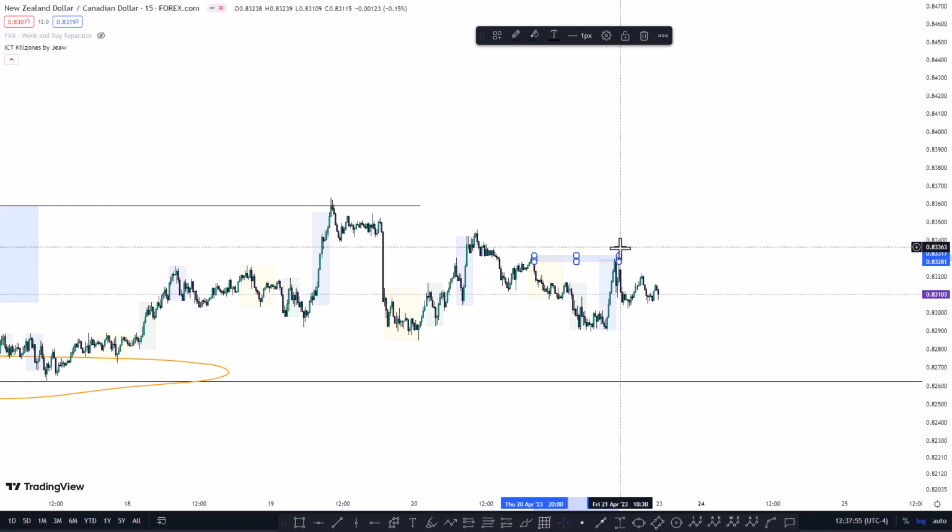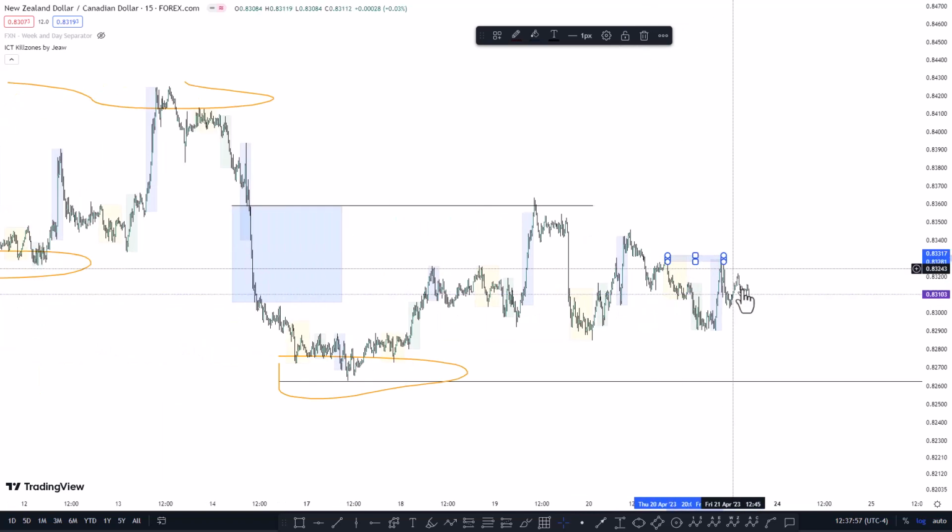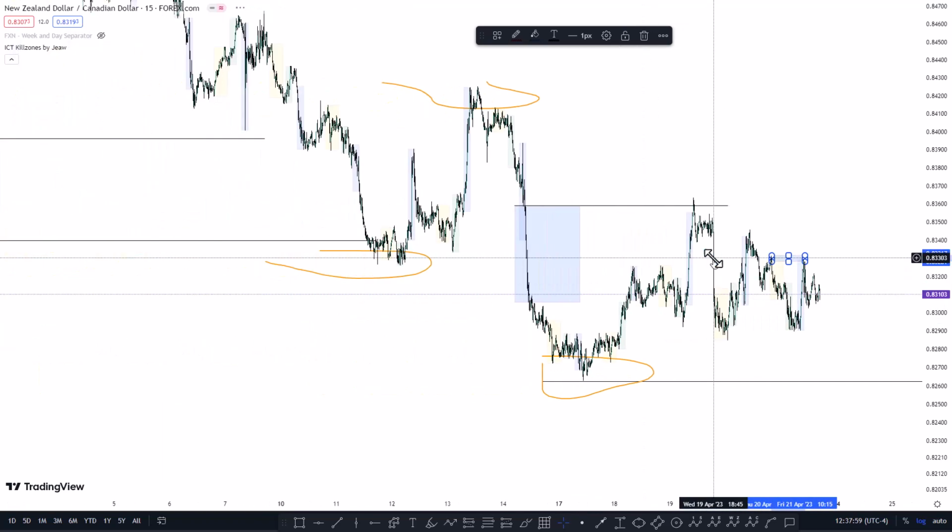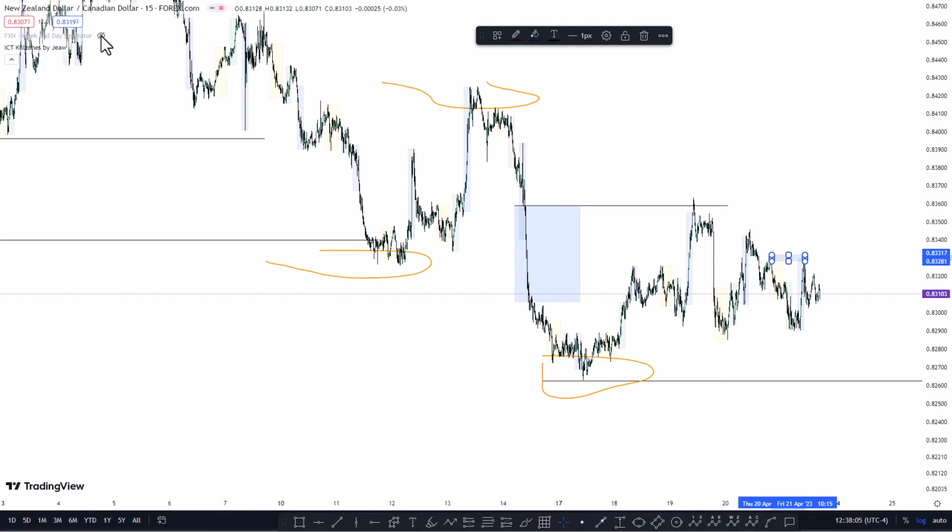As you can see, this is how you can start getting an idea using the sessions how market is likely to move. Don't know why this indicator is not working. It was deactivated, I think so.